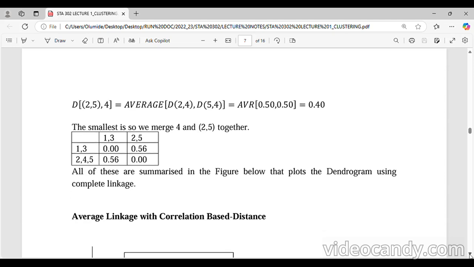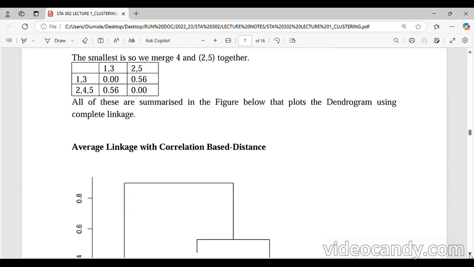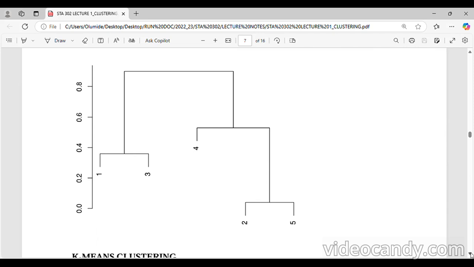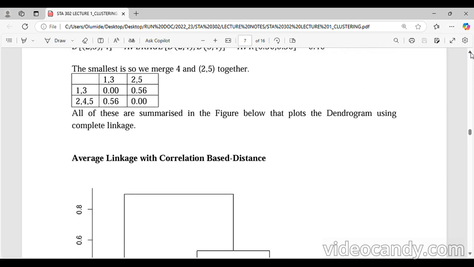So when we draw the dendrogram of average linkage, this is what we have: 1 and 3 is a cluster, and 2, 4 and 5 is a cluster. Then we merge them together as one, and that is it.